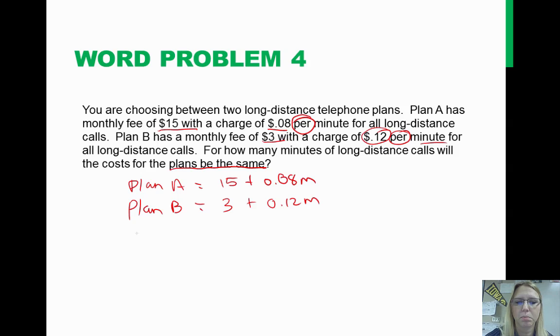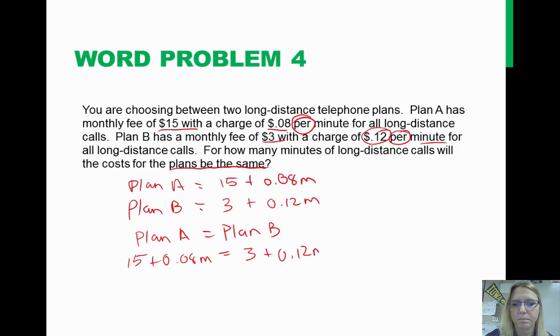So we want to make Plan A equal to Plan B. So what I'm going to do is take these two equations, set them equal to each other. 15 plus 0.08 M equals 3 plus 0.12 M. And we need to solve for M.